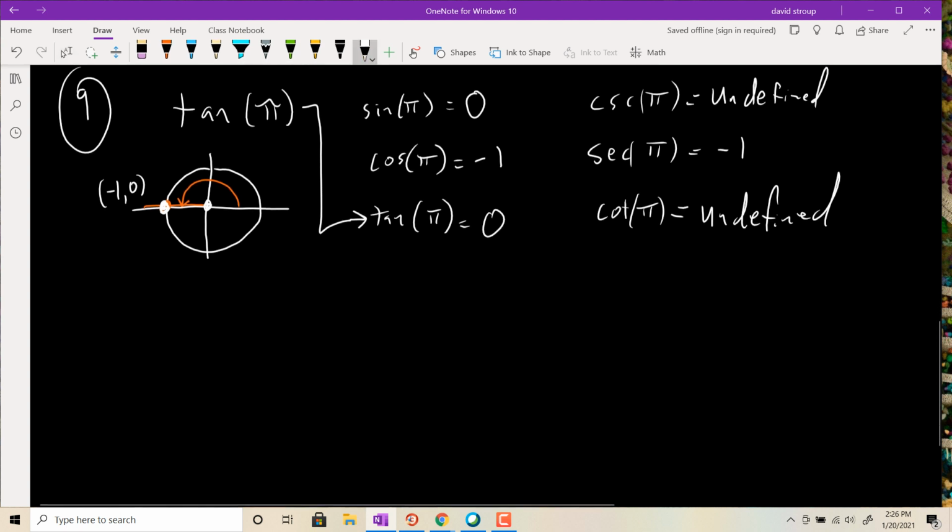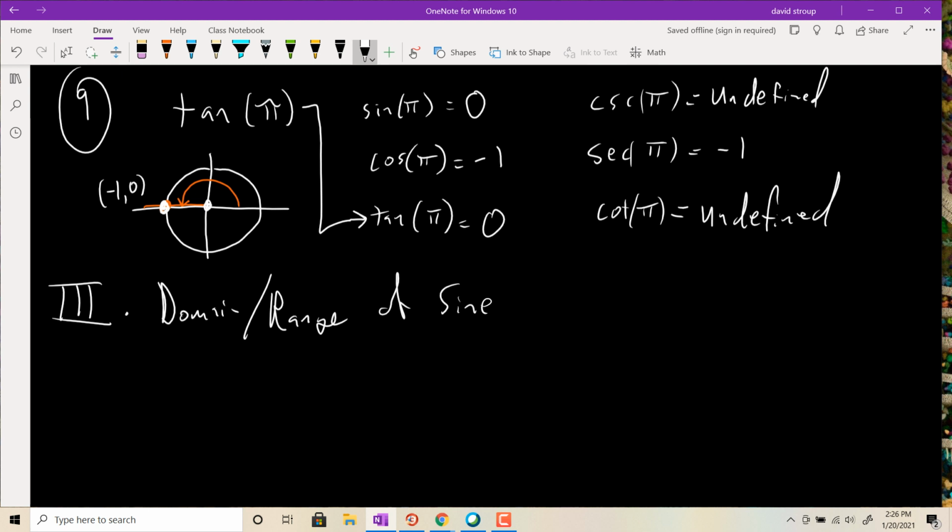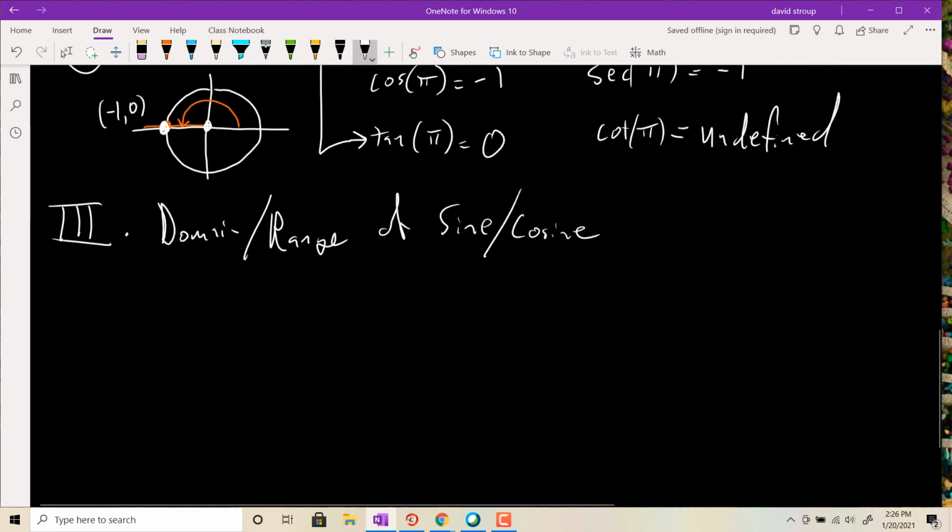Okay. The domain and range of these functions, the input and the output. So if you've taken pre-calc, we've talked a lot about domain and range. We want to look at the domain and range of sine and cosine. You could kind of tell what they're going to be by looking at the x coordinates and the y coordinates on the unit circle.